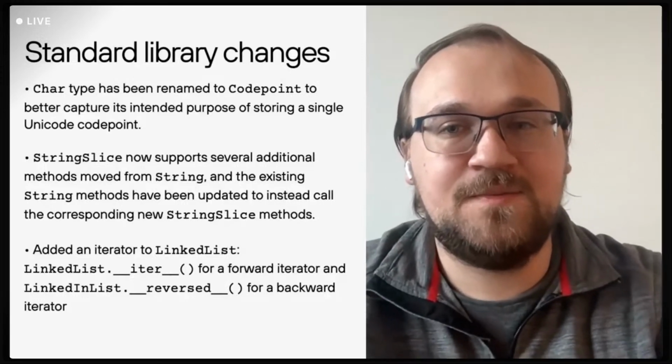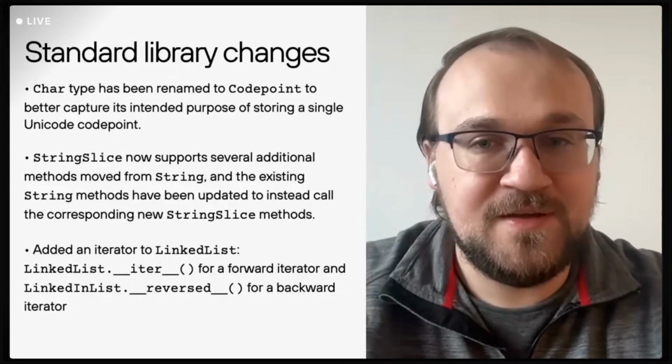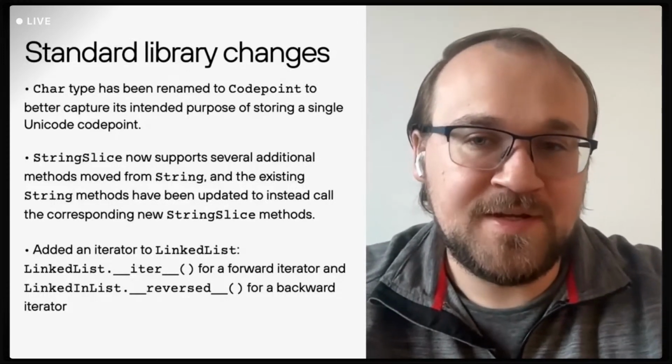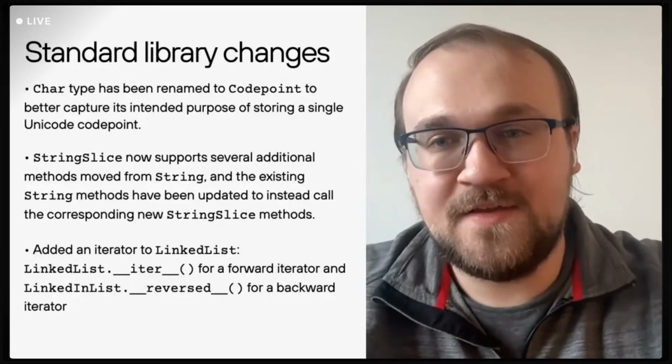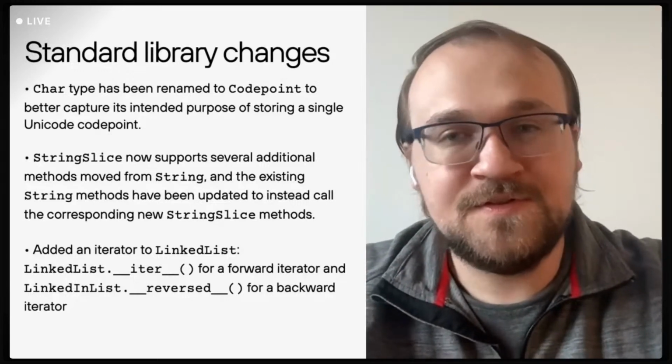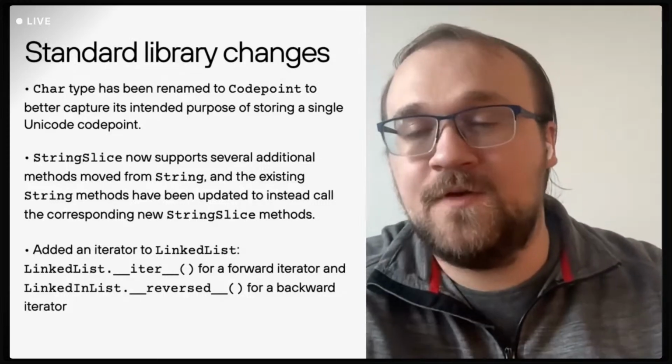Additionally, string slice now supports many additional methods that previously only existed on string. This is important because our string type is a heap allocated string, which means that if you have a function, say, that takes a string, users of that function would always have been required to allocate a string before they could call your function.